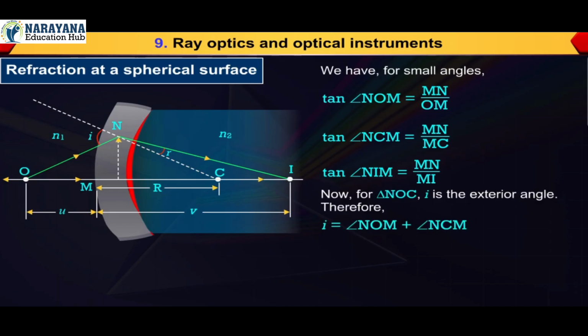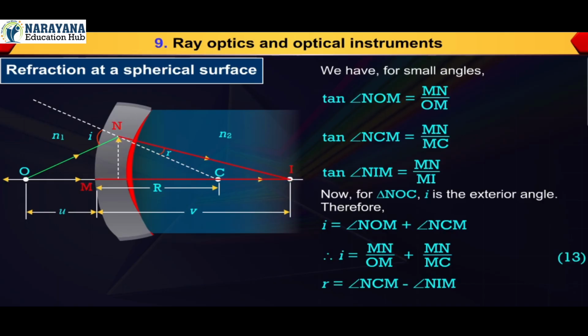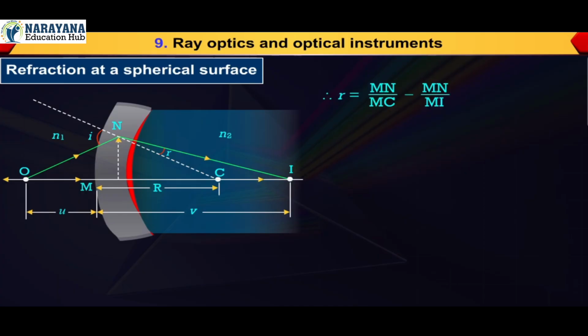Therefore, i is equal to angle NOM plus angle NCM. Therefore, i is equal to MN upon OM plus MN upon MC. Equation 13. Similarly, r is equal to angle NCM minus angle NIM. That is, r is equal to MN upon MC minus MN upon MI.